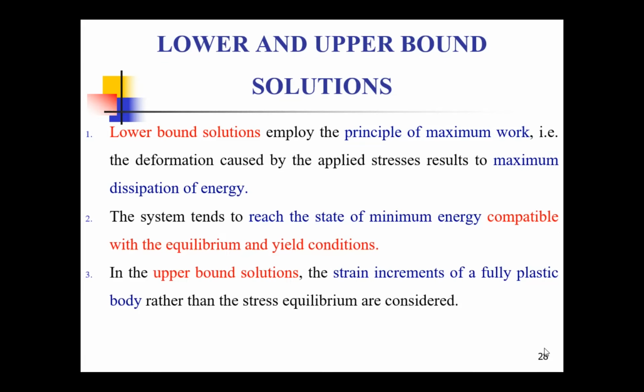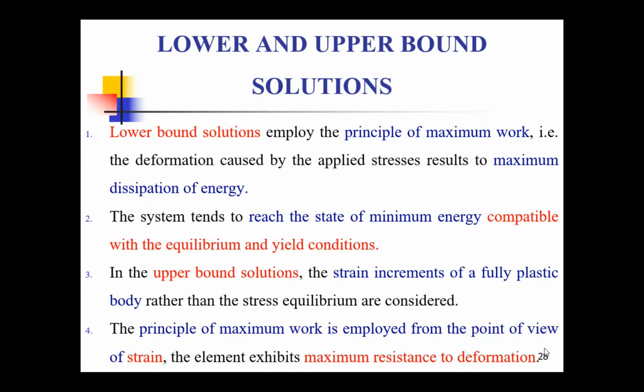But because of the application of stress, a permanent deformation occurs. With this permanent deformation, the material will tend to become plastic. So the strain increments of a fully plastic body, rather than the stress equilibrium, are considered in the case of upper bound solutions. So they are going to calculate the strains.